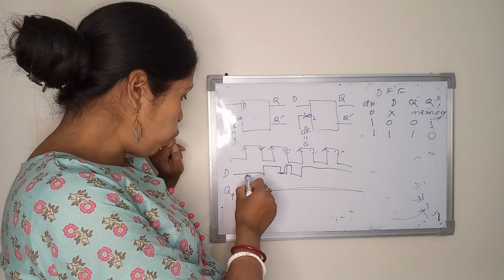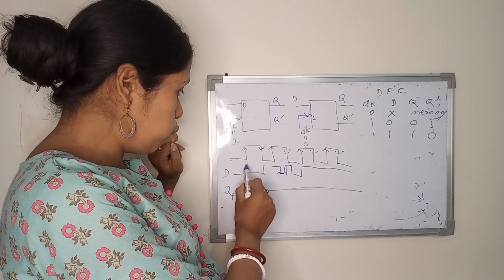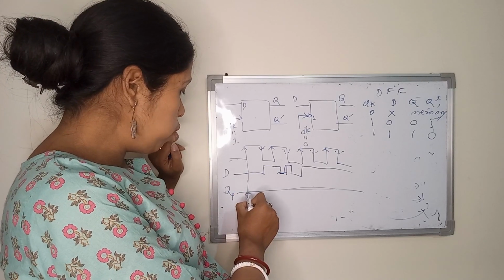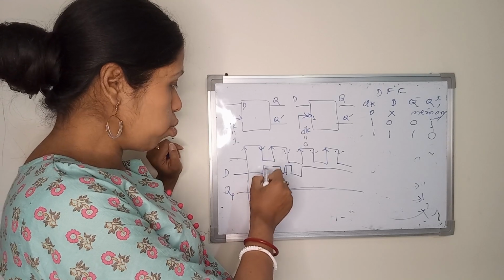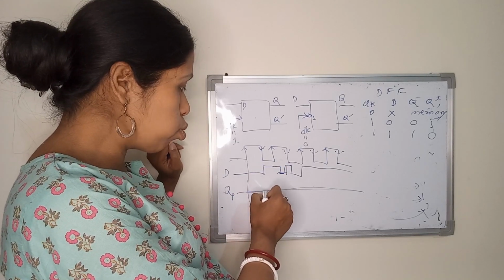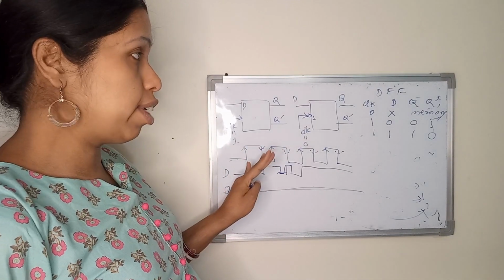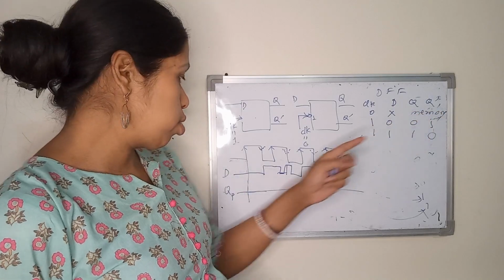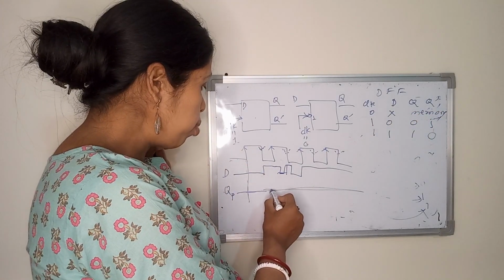At this moment you can see D is 0, and Q is also 0. Now at that moment it is the negative edge, so D is changing but Q will not change, because at that moment the D flip flop is not activated. That is the memory effect: whatever D input you give, it will have a memory effect.